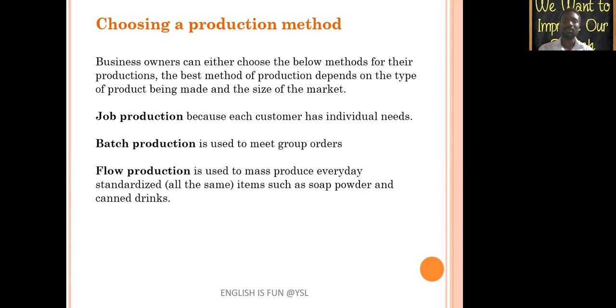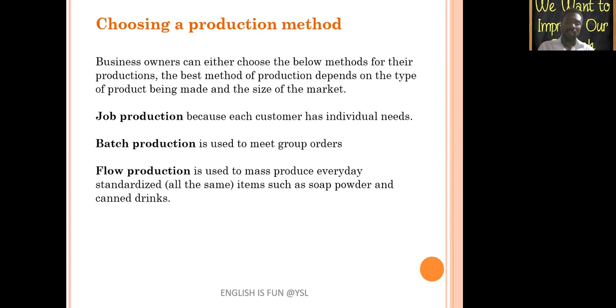Okay, all right. If you want to consider job production, you have to ensure that it is based on individual needs. You understand that a customer will come with a different description of what he or she wants, so you have to follow that through to ensure that everything goes absolutely fine.